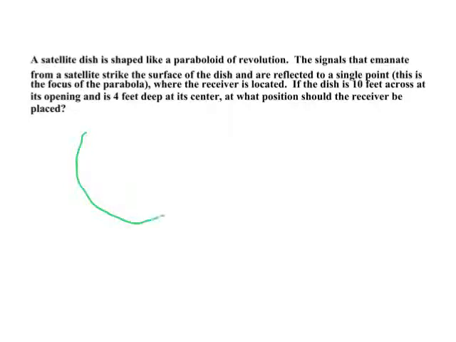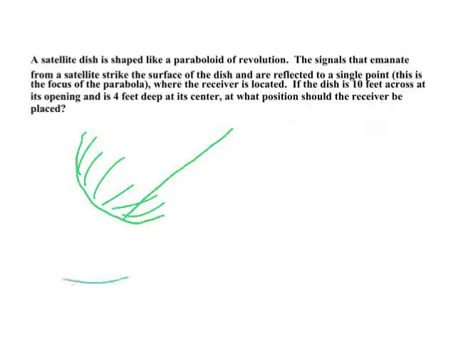Now I'm doing mine at an angle, and when we solve this problem, we're going to make it either vertical or horizontal. And what's going on here is signals come in, they reflect on the parabola of revolution. So actually think about this as a salad bowl, as kind of you're rotating and you get this whole paraboloid of revolution.